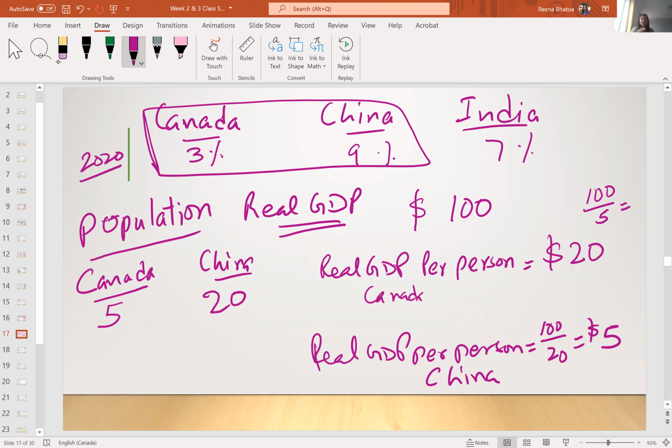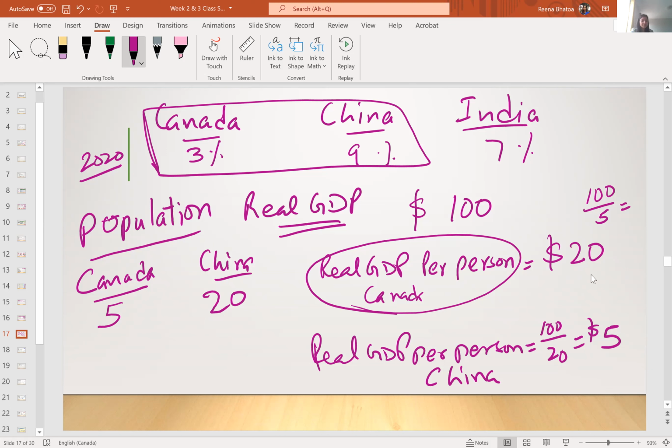Right? If we have to make the comparison of growth rate, if we have to really check the standard of living of the economies, their people, if we have to really check the development of the economy, we do not calculate only real GDP. We calculate real GDP per person. Now, in Canada, one person is enjoying $20, and in China, one person is enjoying $5.